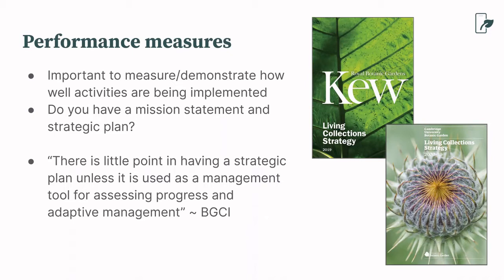The vision often refers to the aspirations of a garden, and it can be over a number of years or even decades, whereas a mission or a strategic plan usually is a bit more specific in its statement that explains the aims of the project and the aims of a garden and its collection. These are key factors of any garden before we even start to think about performance measures.